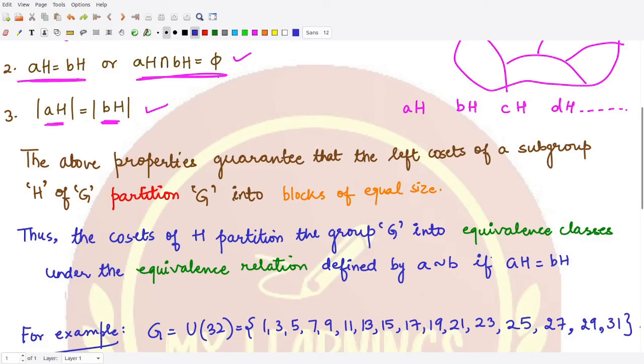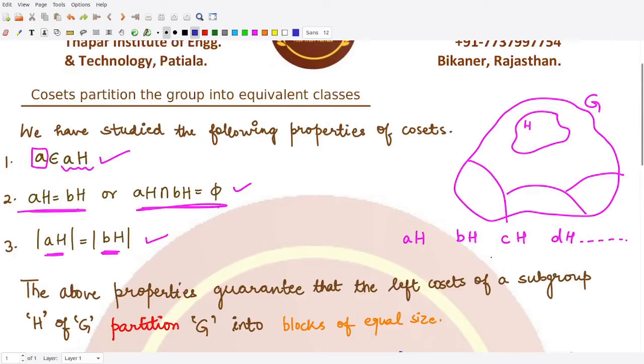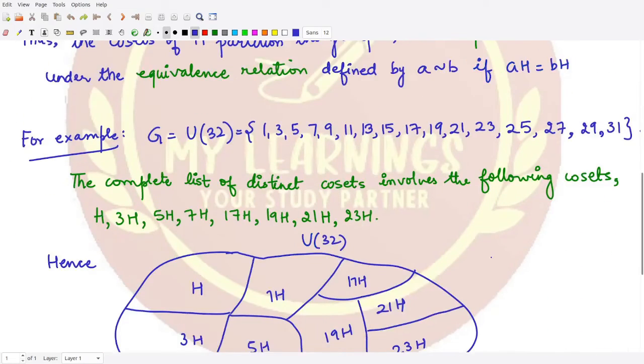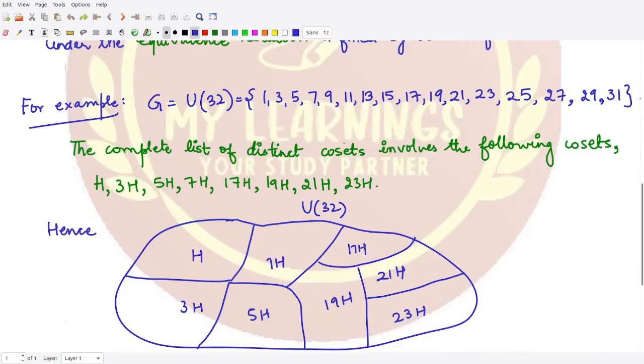To understand the concept in more detail, let me give you an example. Remember in the previous video we calculated all the distinct subgroups of the group G, where our group G was U32 and it consists of 16 elements. Now for these elements we have listed down the complete list of distinct cosets, and they were H, 3H, 5H, 7H, 17H, 19H, 21H, 23H.